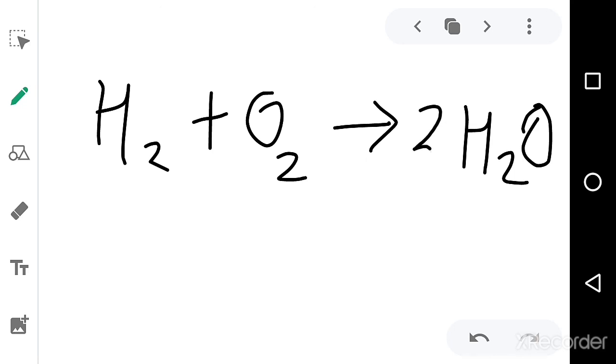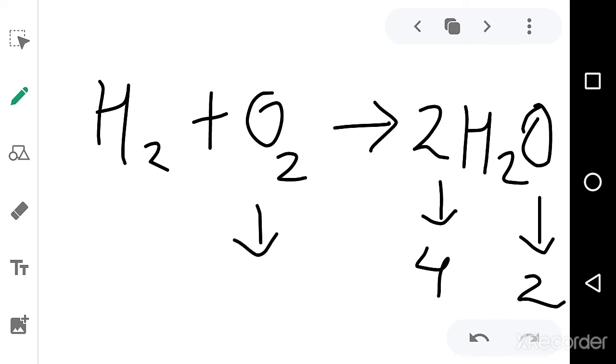If we write 2 here, then now you can check, 2 2s are 4. So hydrogen becomes 4 and oxygen becomes 2. Again we will do the same thing.